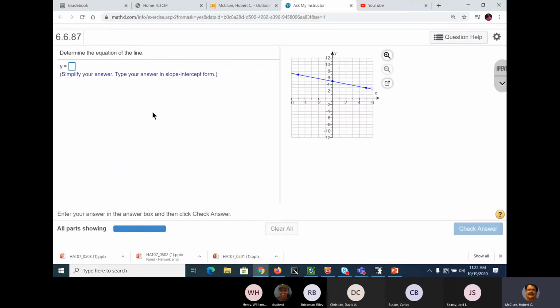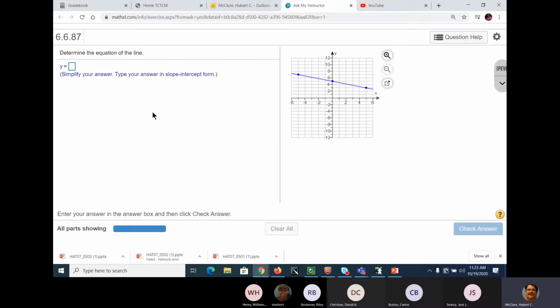And they give us a picture, and they've got us a point at 5 and 3, and at 0, 5, and at -5 and 7. So there's the line that they give us.